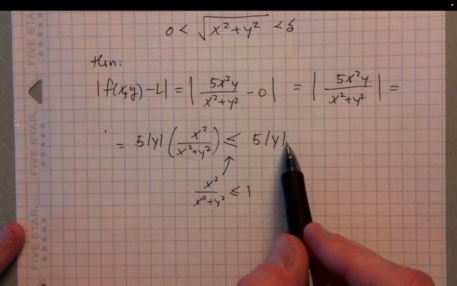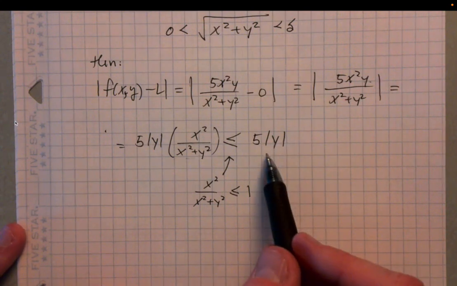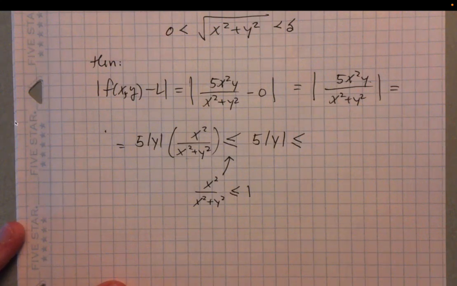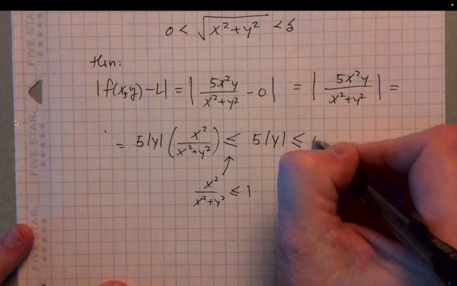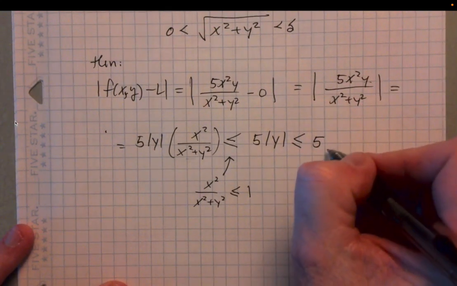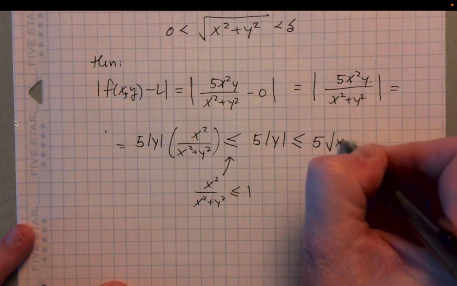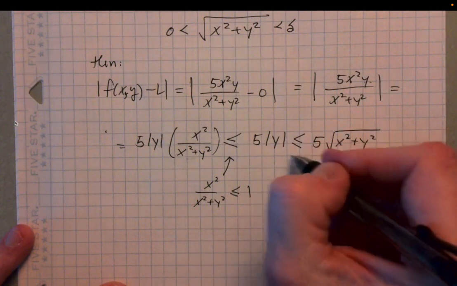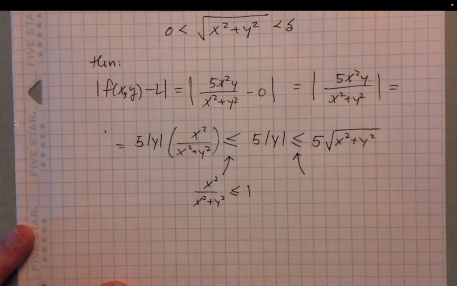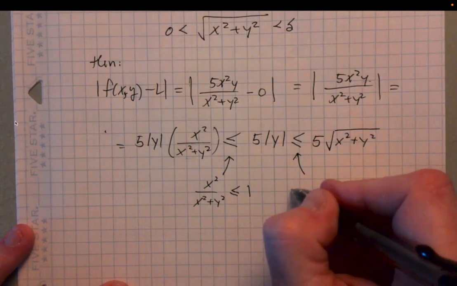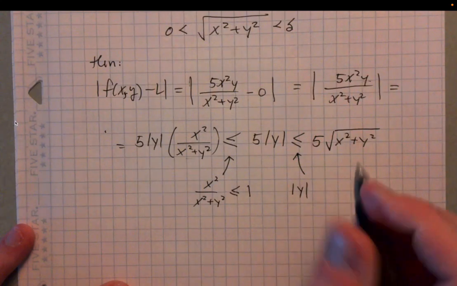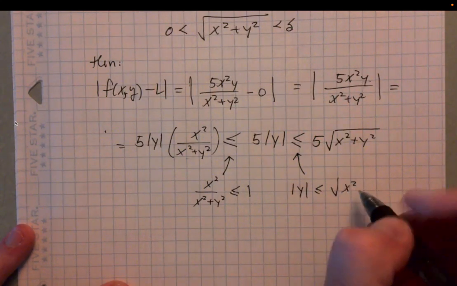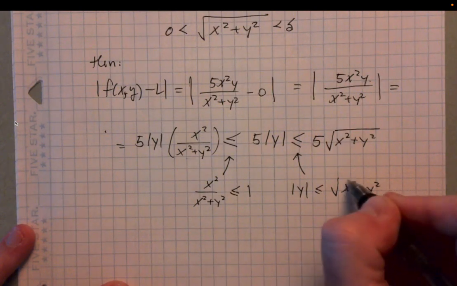Now what can we do going from here to the next piece? The next thing that's also kind of tricky is we can see that this is less than or equal to 5 times the square root of x squared plus y squared. Where does that come from? Specifically, the absolute value of y must be less than or equal to the square root of x squared plus y squared.